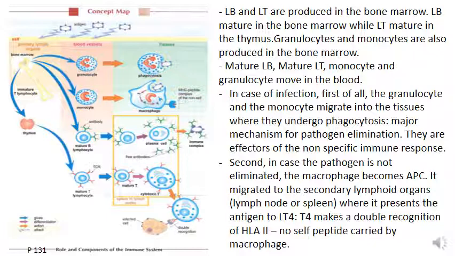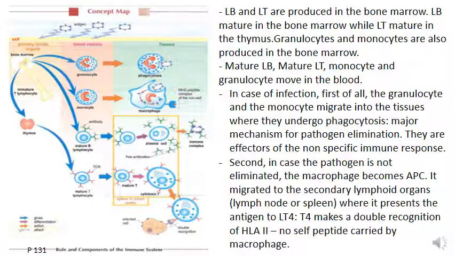And this is what we called in the previous slide the non-specific immune response. The macrophage and the granulocyte, they don't care about the identity of the intruder. All intruders can be killed alike in the same way by phagocytosis.